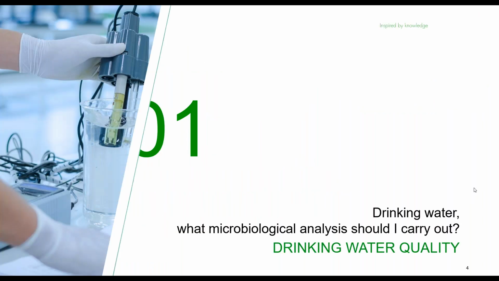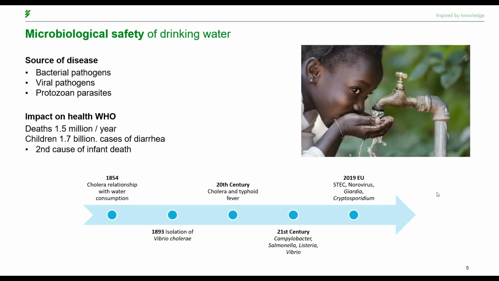Let's start with the importance of drinking water quality. So water is, of course, essential to maintaining healthy and prosperous communities. However, a large part of the population takes this access for granted. It has been estimated that 71% of the population has access to a safe drinking water service, according to the WHO definition, the World Health Organization, of course.